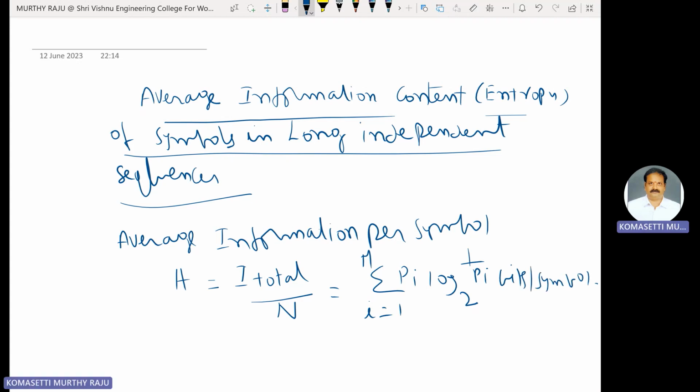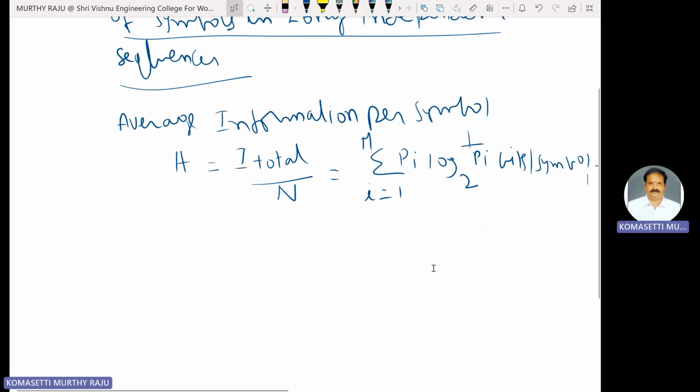This is the derivation that needs to be proved.